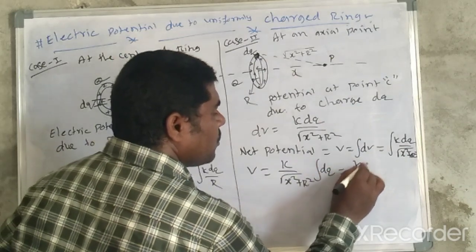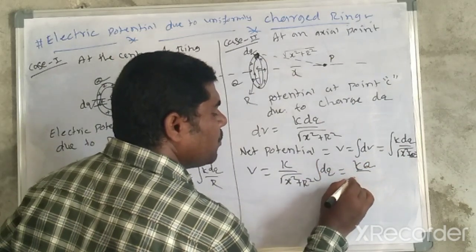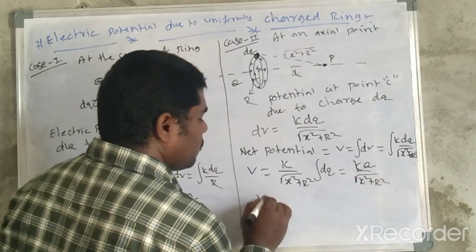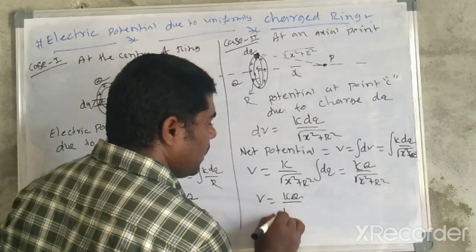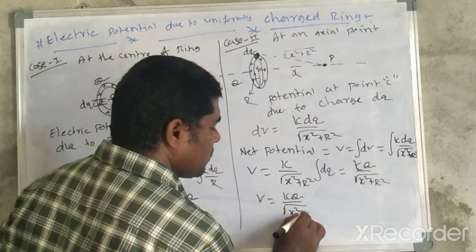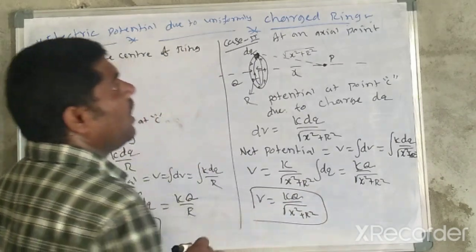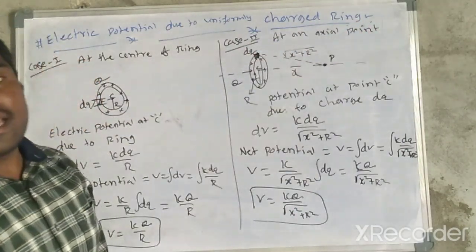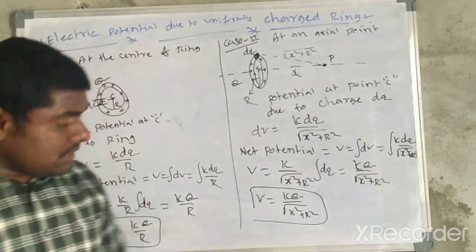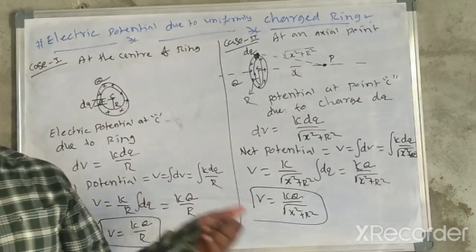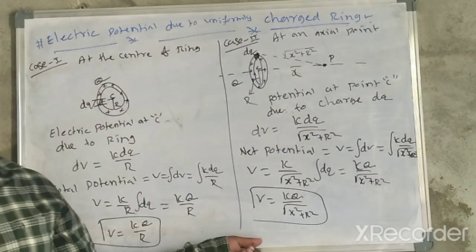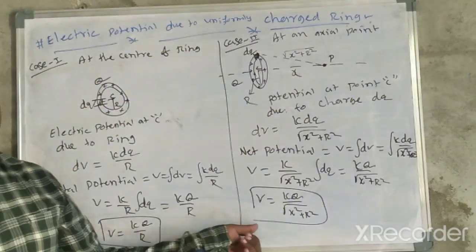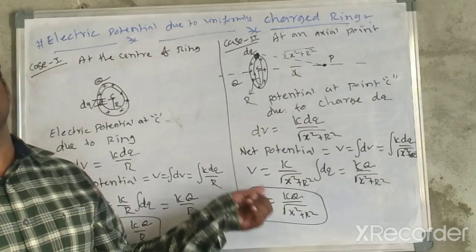That is V is equal to KQ by under root of x square plus R square. This is the formula at an axial point. This expression is the same for non-uniform distribution of charge on the ring.